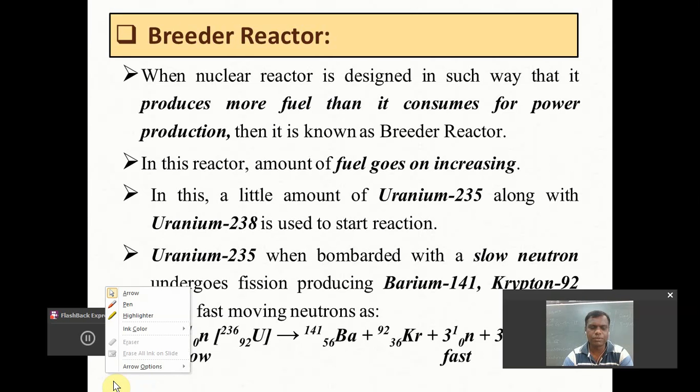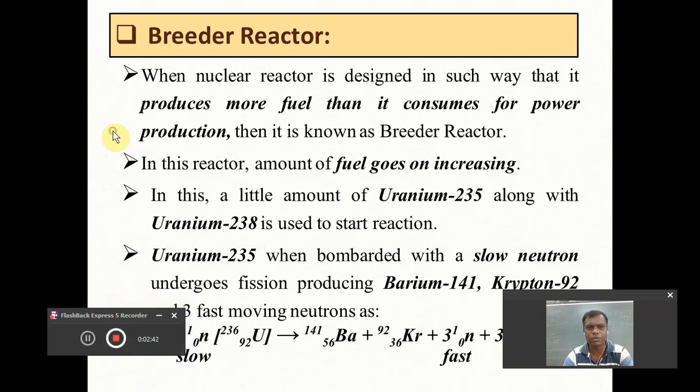But for that purpose we have to provide some amount of nuclear fuel, and this nuclear fuel is later used to obtain the nuclear energy, which is converted into electric power. Whenever we are getting nuclear energy, there is a disintegration, a breaking of the nucleus, and the nuclear fuel is consumed.